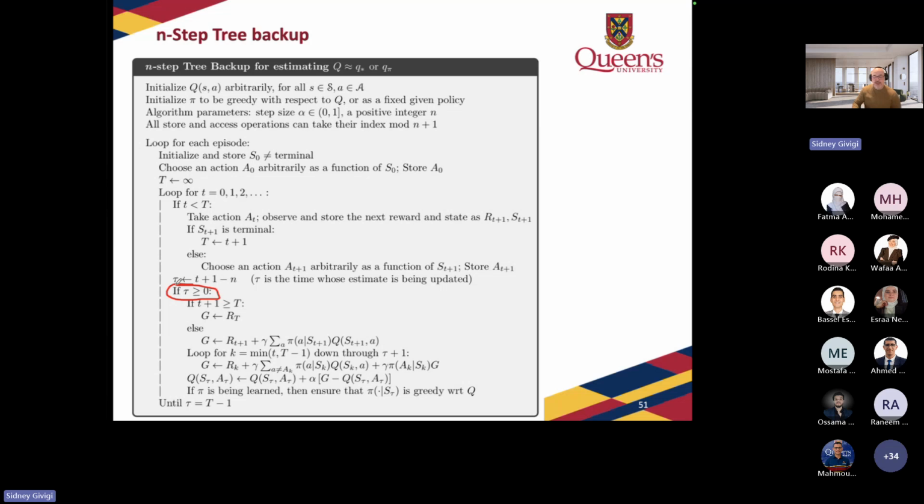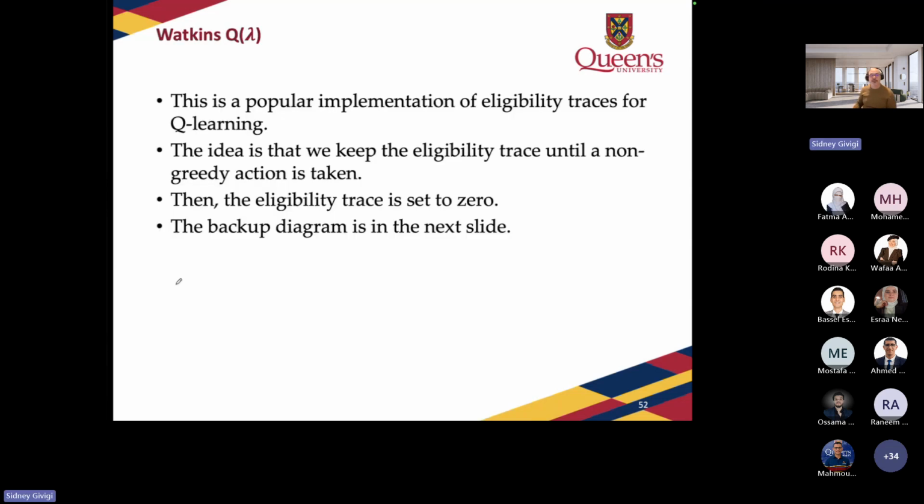Okay, I'm not saying that this is a bad algorithm. I'm just saying that there are problems with efficiency within this algorithm. There are different ways for us to implement this. There are different versions of this TD lambda. There's one that is called the Watkins Q lambda.